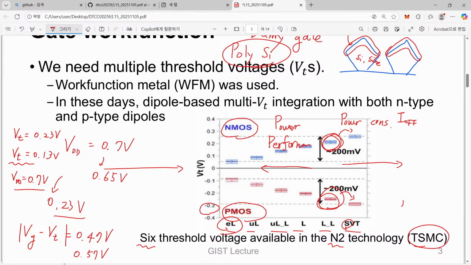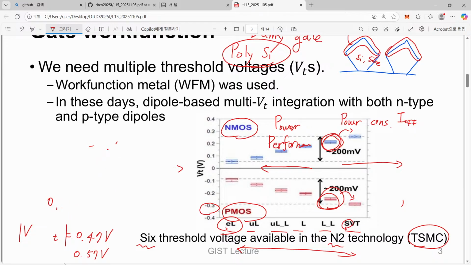Usually what we do is just change threshold voltage. It means that geometrical factors, the size of a transistor, and everything seems to be just the same, and only by changing this threshold voltage we control the trade-off between performance and power consumption.